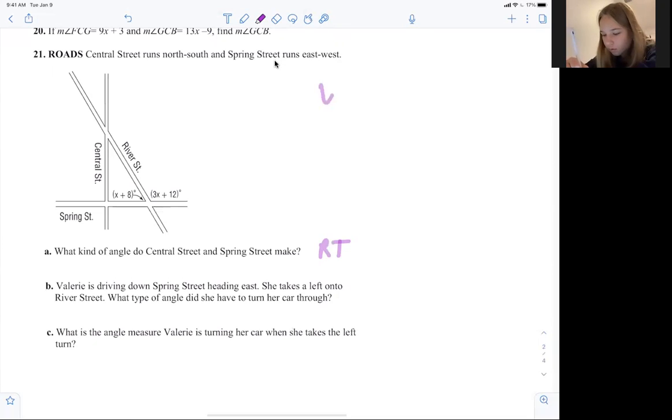So do you remember west, east? So Valerie is driving down Spring Street, heading east. So she's going this direction. She takes a left onto Rivers. She turned a what? Acute.